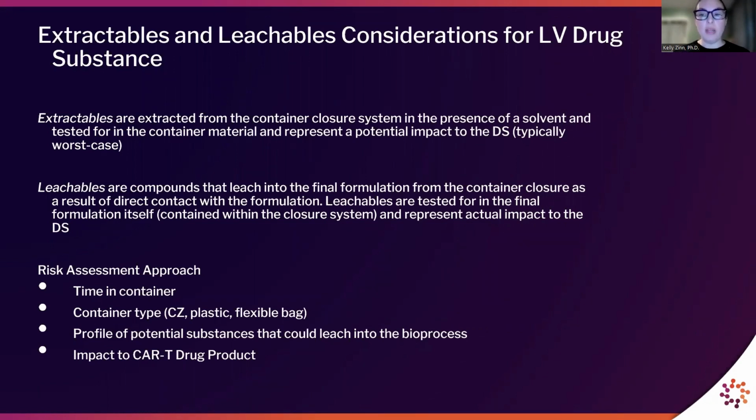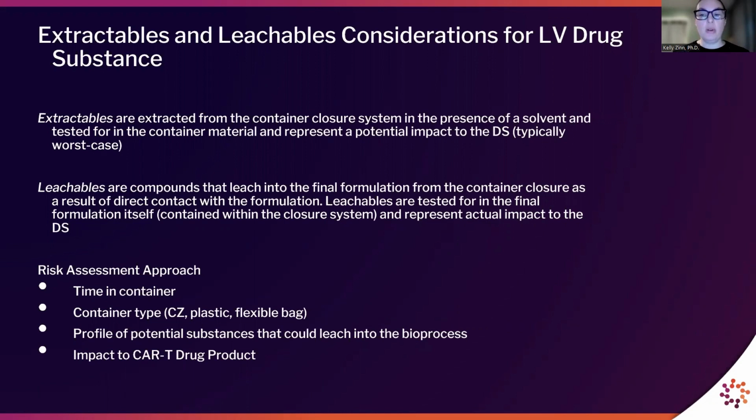Leachable compounds might be elastomeric, polymer, other plastic components, or coating materials, depending on the container or stopper type that's used to hold the vector. For a drug product like the final CAR-T, you might perform extractable and leachable studies on all product-contacting consumables.